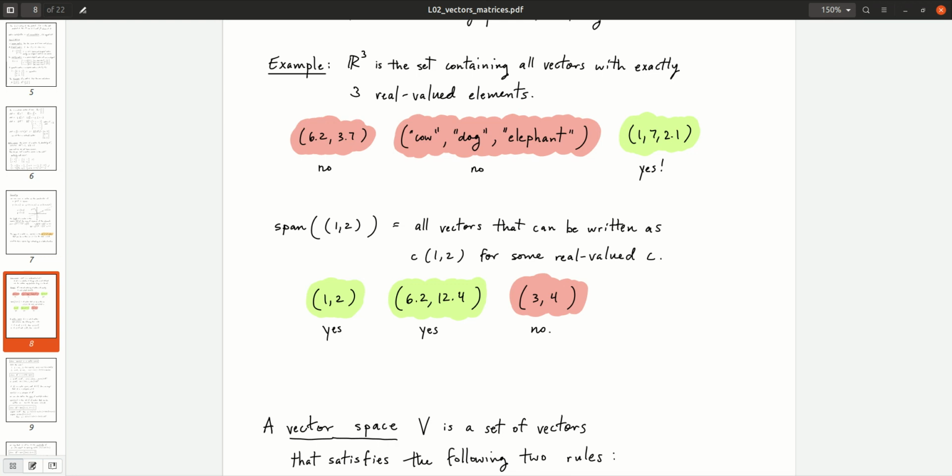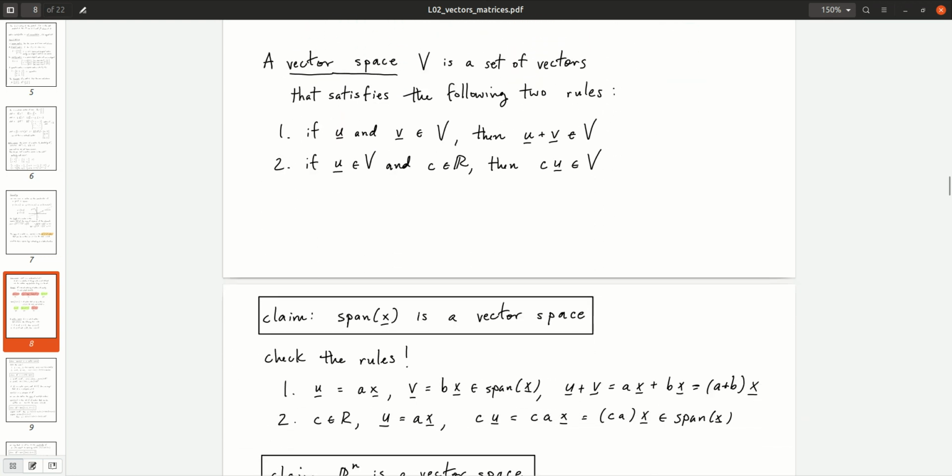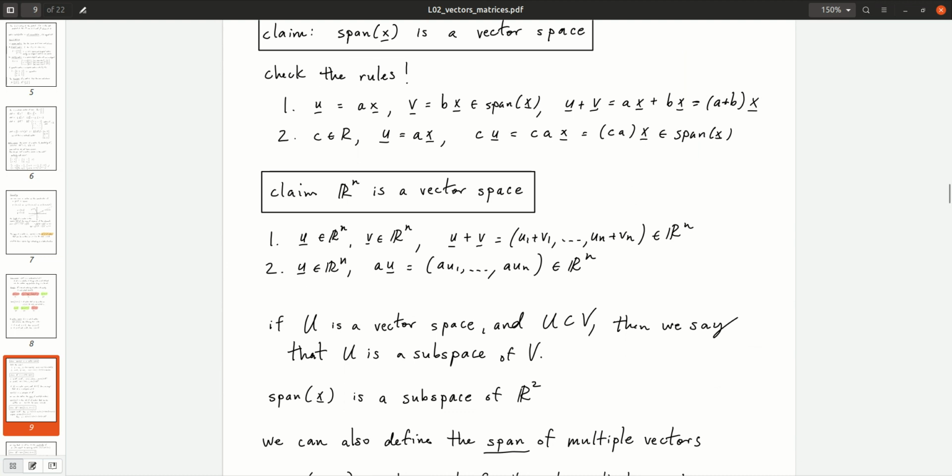Therefore, it's automatically a member of R2. So the span of this vector is automatically a member of R2, and therefore it's a subset of R2. So if you want to think about it mathematically, what it really means to be a subset is that if something is in U, then it's automatically in V.